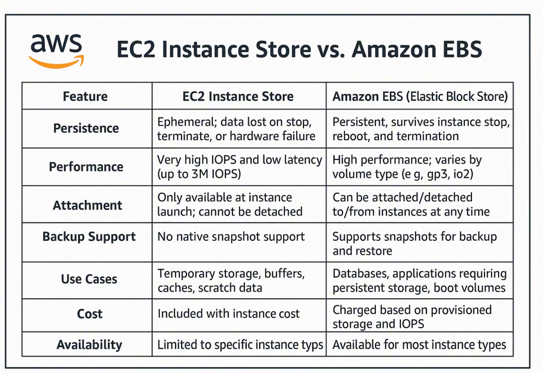Right. You just need them for that specific process. Or maybe you have an application that's designed to be stateless. It can regenerate its data if needed. In those cases, instance store can be a perfect fit. So it sounds like you really need to understand the nature of your data and your application's needs before you even consider instance store. Absolutely.